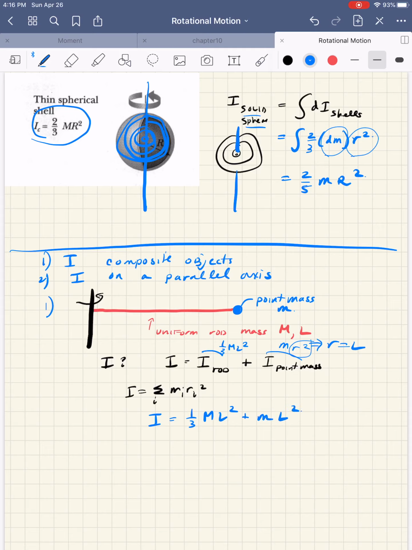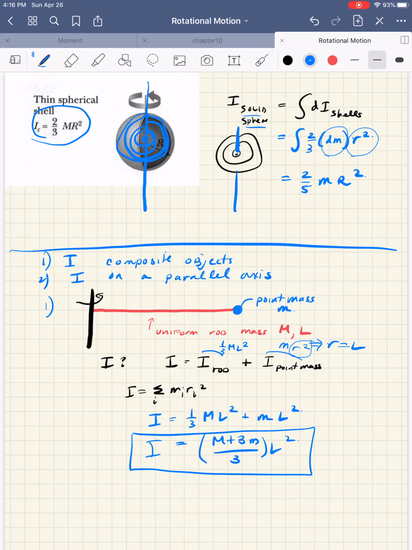That's the full moment of inertia. I could give it a common denominator to find the moment of inertia. So that's for that composite object.